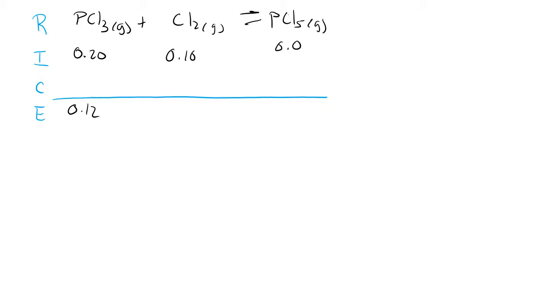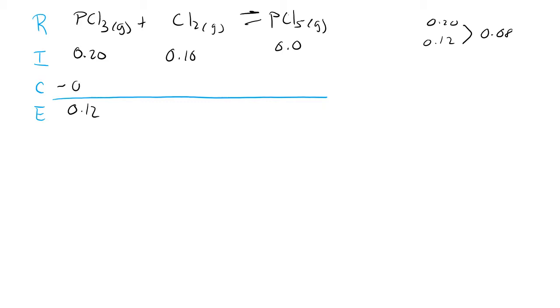So they gave us the equilibrium value for PCl3. We have 0.20, right? And what we have remaining is 0.12. What is that difference? Well, that difference is 0.08. So that is what the change in concentration was.